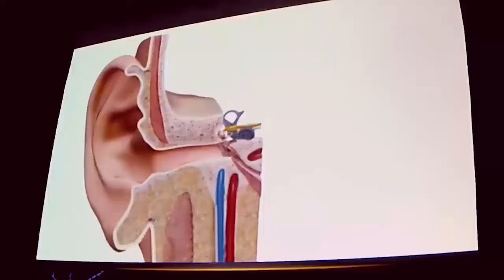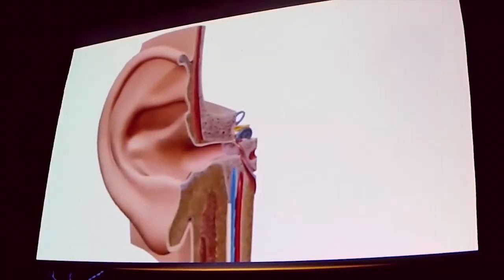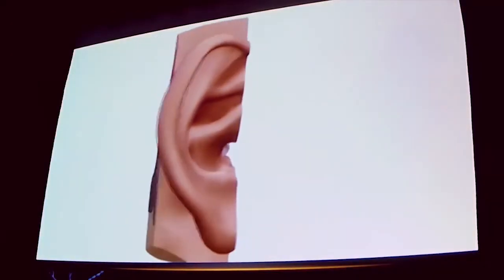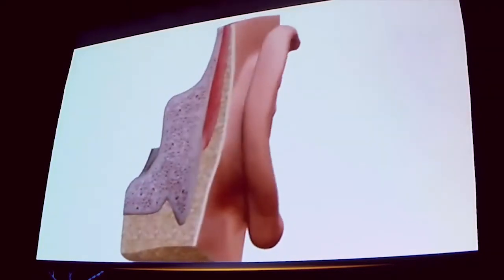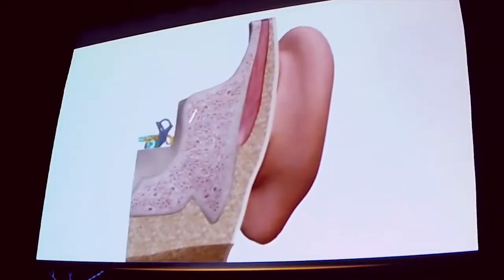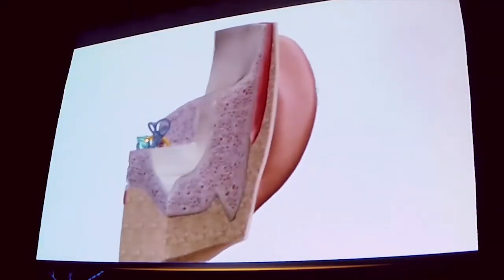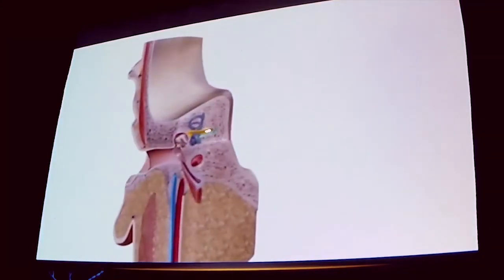So let me show you how close they are to the eighth nerve, the proximity. Cranial nerve 8 is highlighted here. So cranial nerve 7 is the one that's not highlighted. And I'll kind of show you what's going on. So this is the temporal bone here. There's cranial nerve 8. And cranial nerve 7 is the one that's not highlighted.